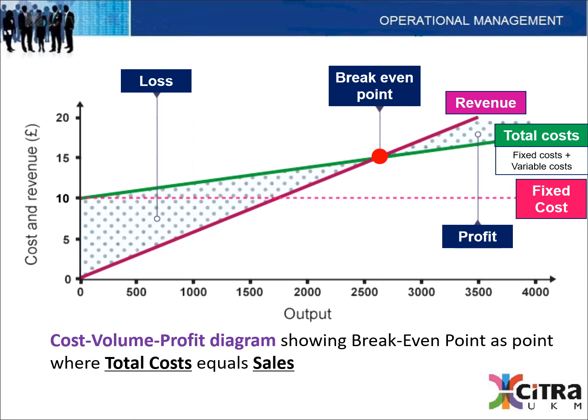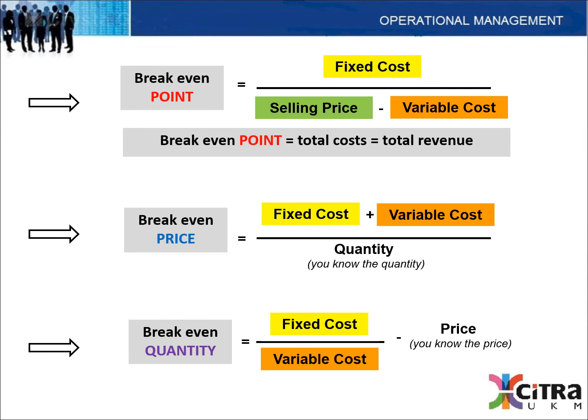This is quite tricky, but if you look at this graph in more detail, I think you should understand that. There are three types of break-even that you need to know.